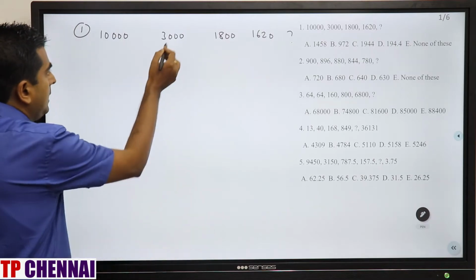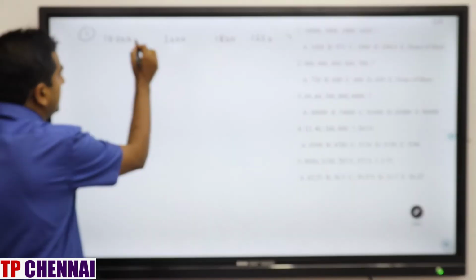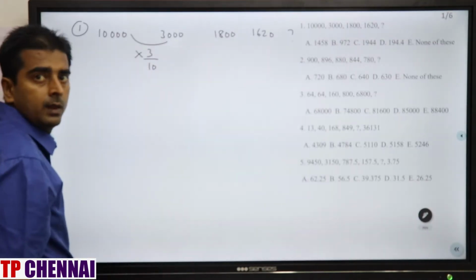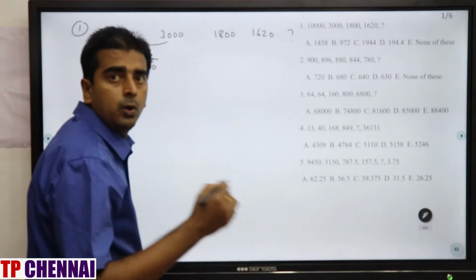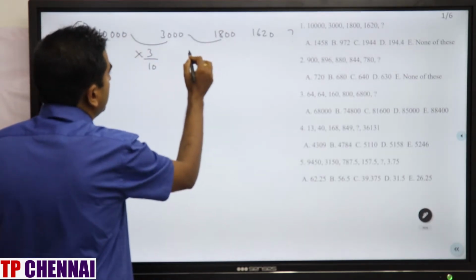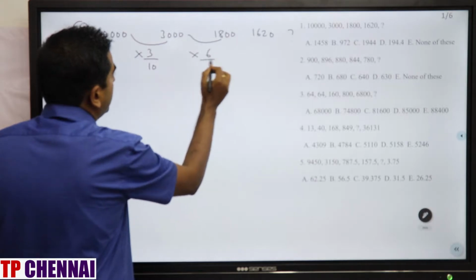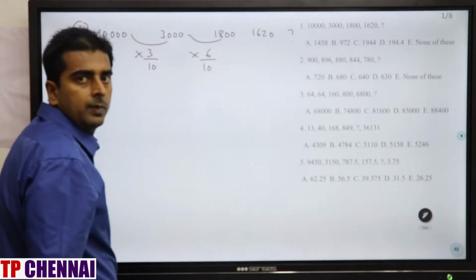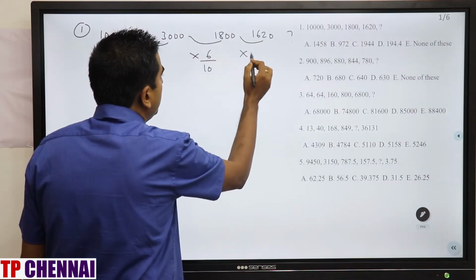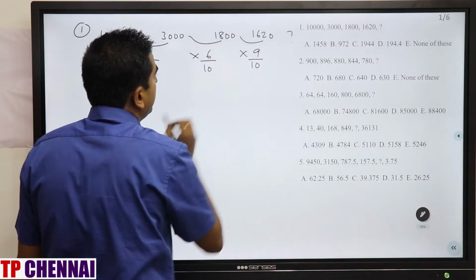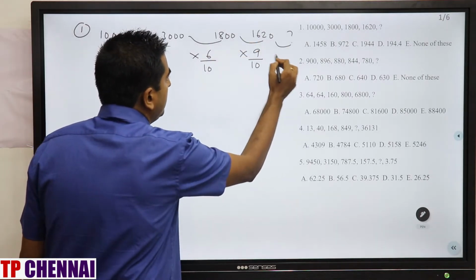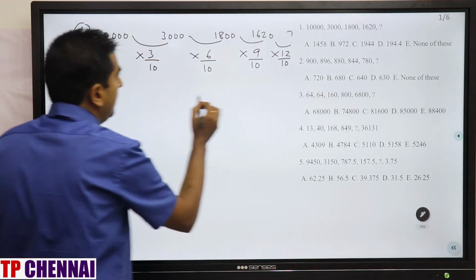So directly we can say, divide this number 3000 by 10,000. This is nothing but into 3 by 10. If you go from left to right, this is nothing but how much? 6 by 10, right? Multiple of 3: 3, 6, this is nothing but 9 by 10. 18 9s are 162. 3, 6, 9, next will be 12 by 10.